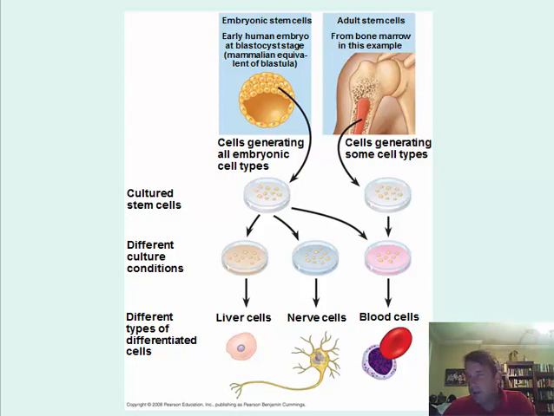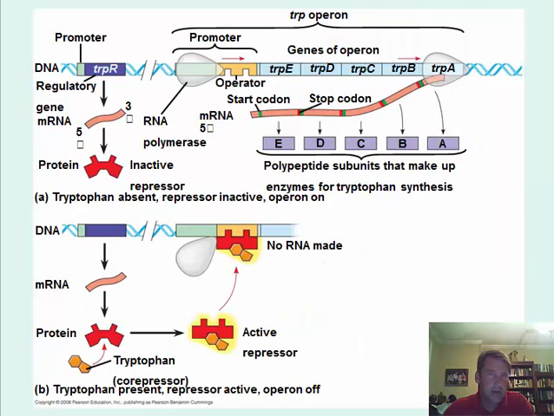So operons are found in eukaryotic cells and in bacterial cells. The bacterial gene has one single, long strand of DNA. It has these operons on it, as well as eukaryotic cells.